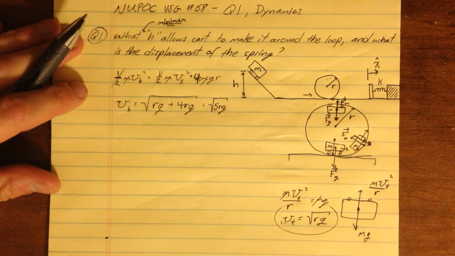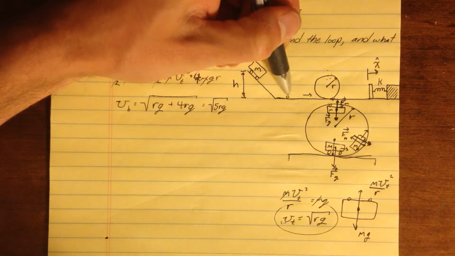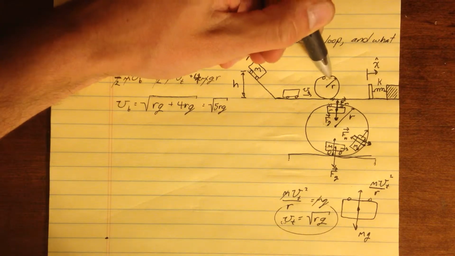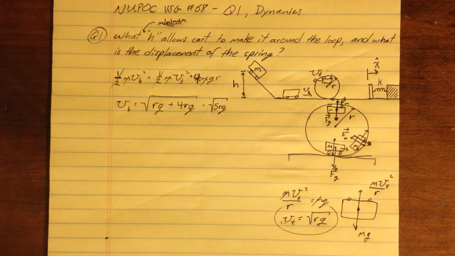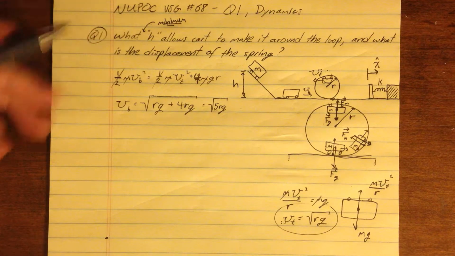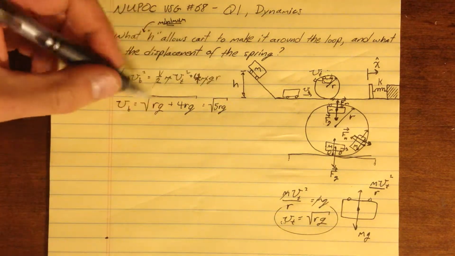Okay. So now that we have the velocity at the bottom, the velocity of the cart here is v_B, and this is v_T, we can figure out what the initial height must have been by converting the kinetic energy due to v_B entirely into the potential energy at height h.